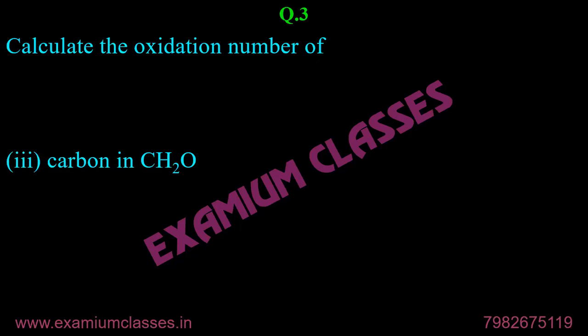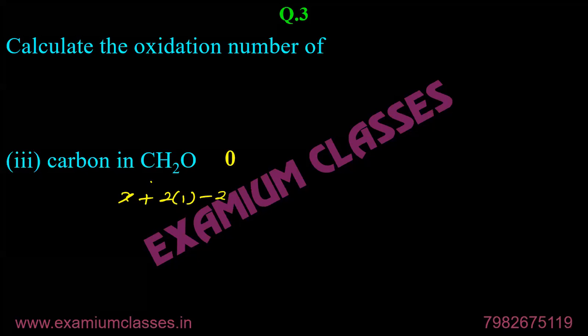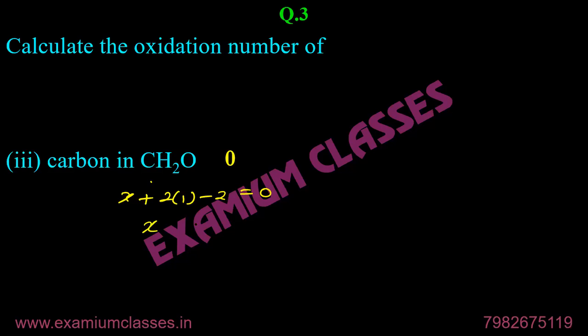Okay, Devansh, Shashwat, Karan, Mehak, Tuhina, Ashi, Rashi, Arohi. Correct. Good. So here the answer will be 0, because carbon plus twice of 1 minus 2 equals 0. X equals 0.